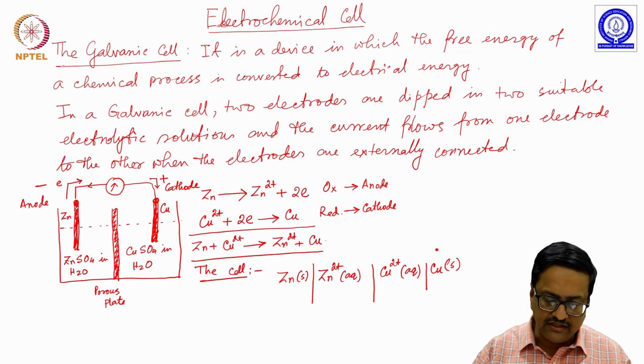Remember that the right hand side electrode is plus and left hand side electrode is minus.